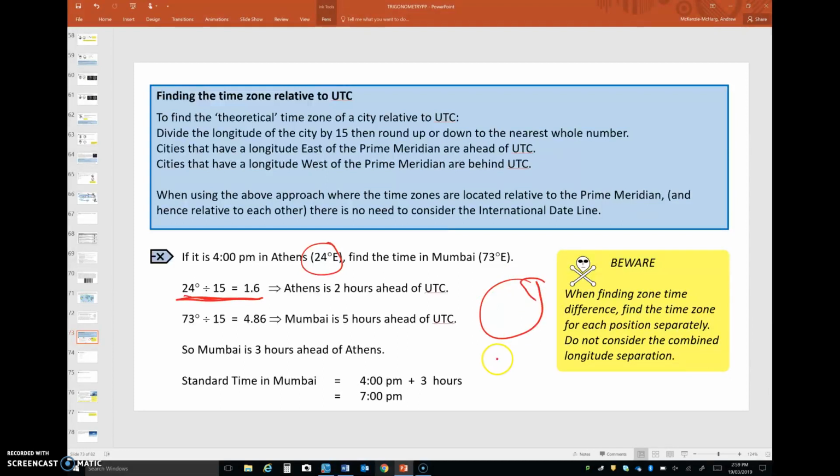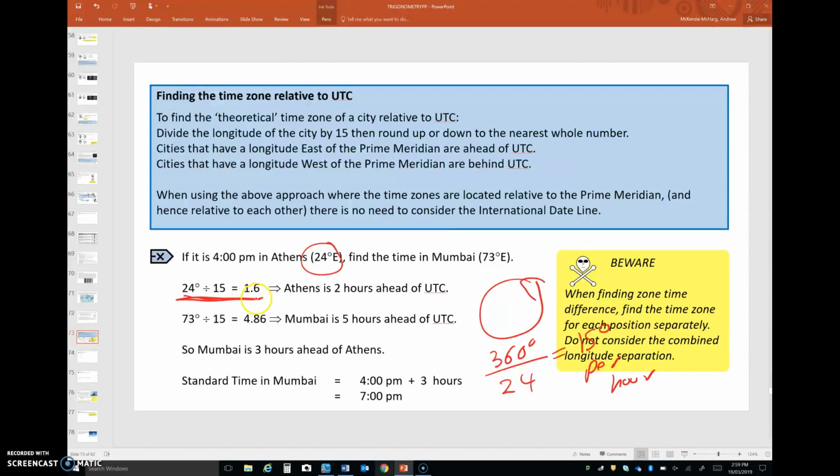Of course, that's 360 degrees. And how many hours are there in a day? There are 24. 360 divided by 24 means there's 15 degrees per hour. So each 15 degree angular separation represents an hour on the Earth's surface. So that's why we divide by 15.